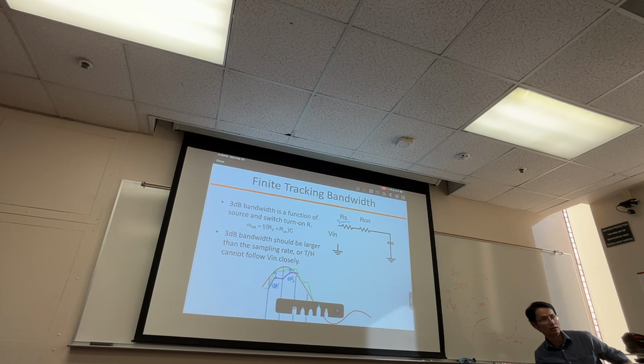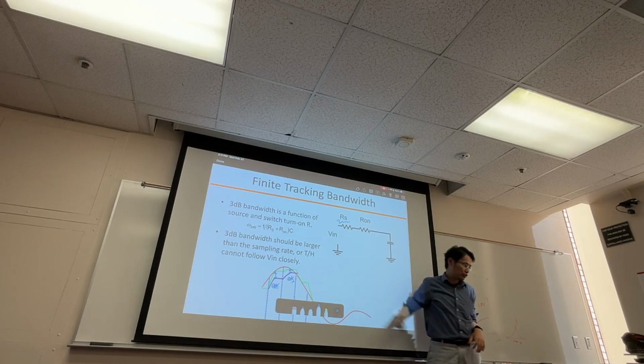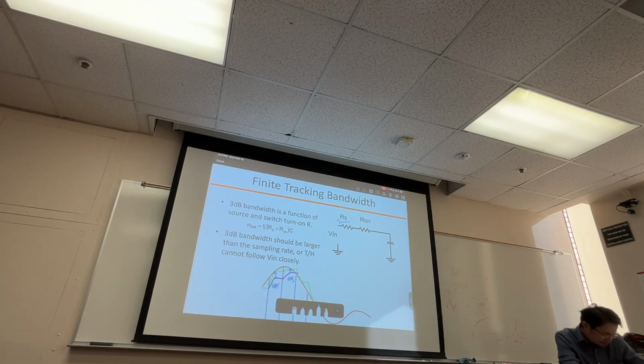They think that for the whole track and hold circuit, I just need to calculate the on resistance of that sampling switch. That is not so, right? You do have this RS coming from the driver. So your pole frequency is actually not 1 over R on times C. It's actually (RS plus R on) times C.